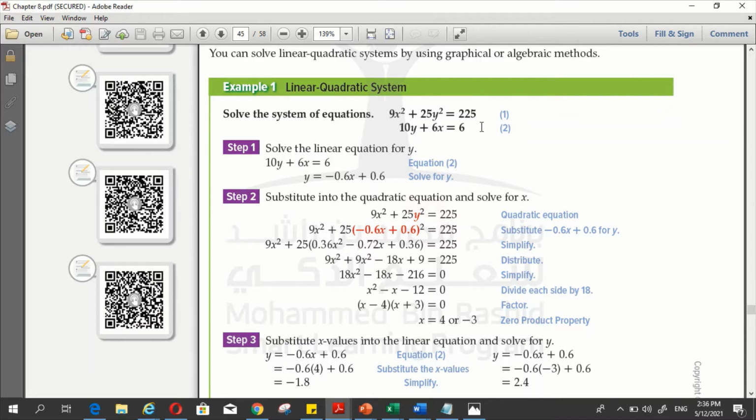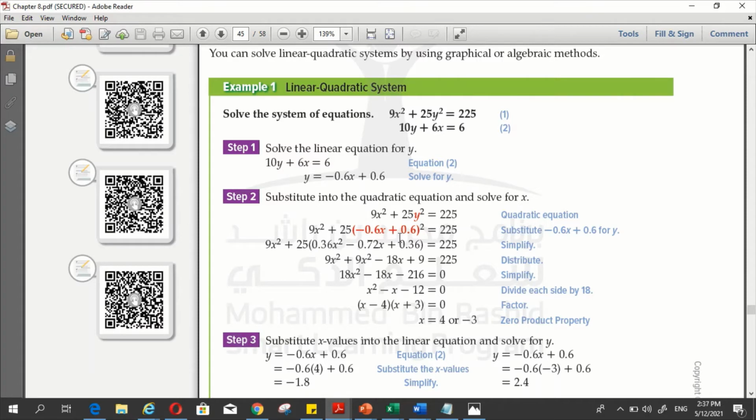Moving the 6x to this side gives me 10y equals 6 minus 6x. After that, dividing all the sides by 10 gives y equals minus 0.6x plus 0.6. Now instead of y in the first equation, I'm going to substitute minus 0.6x plus 0.6.